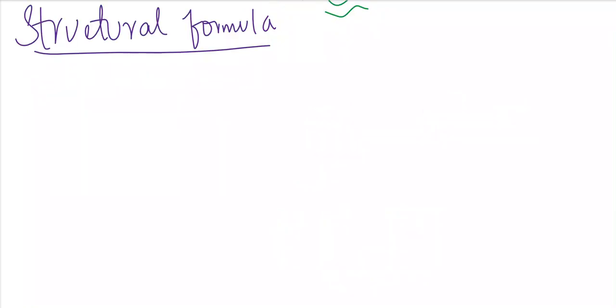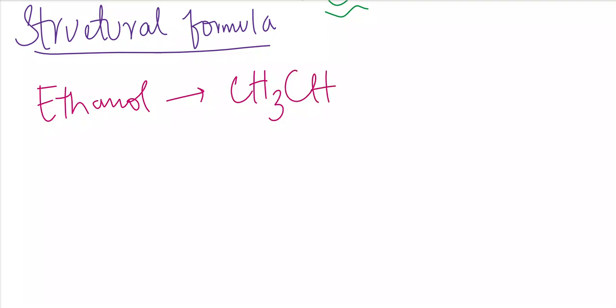So now we have the structural formula. The structural formula of an organic molecule shows how all the groups of atoms are joined in the structure. For example, we have ethanol, and ethanol has the molecular formula CH3CH2OH.